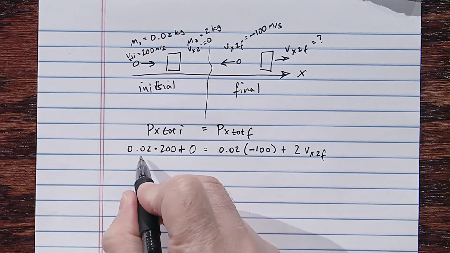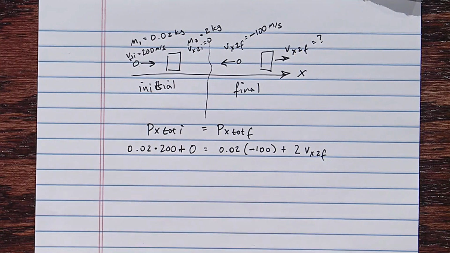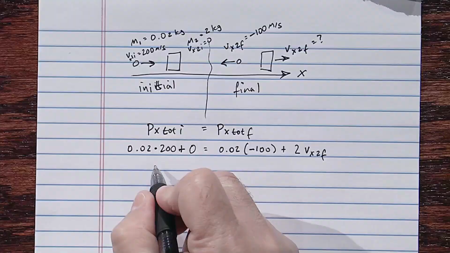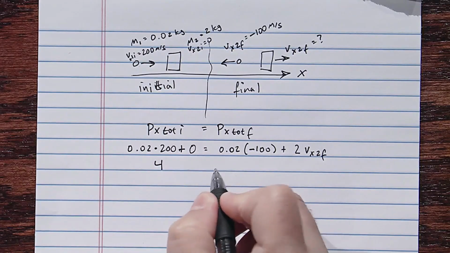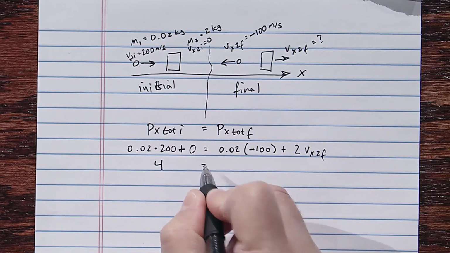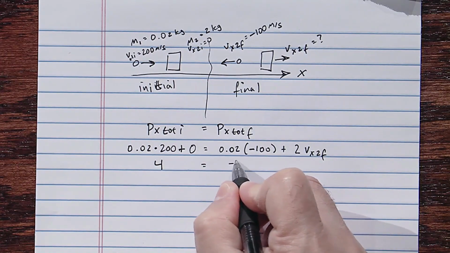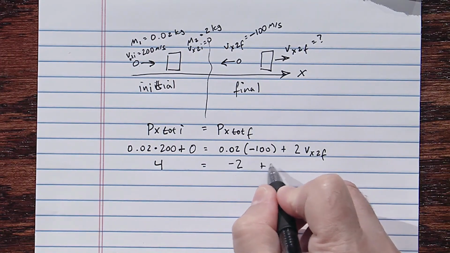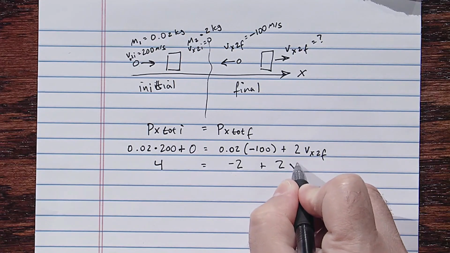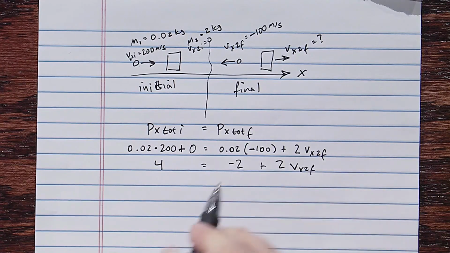So let's see, 0.02 times 200 is 4 units of momentum before, and this would be minus 2 plus 2 Vx2 final.